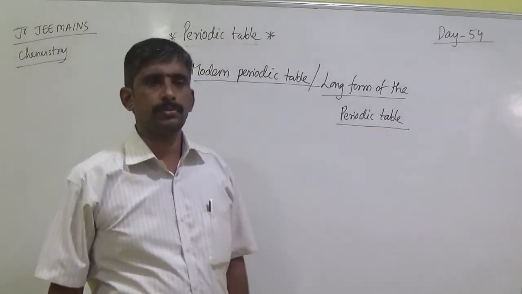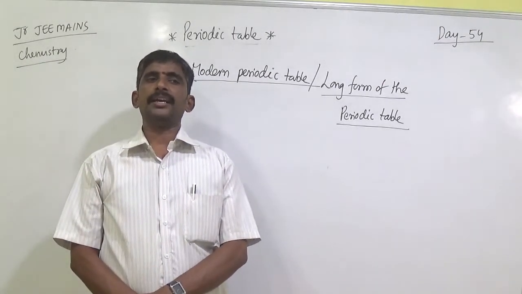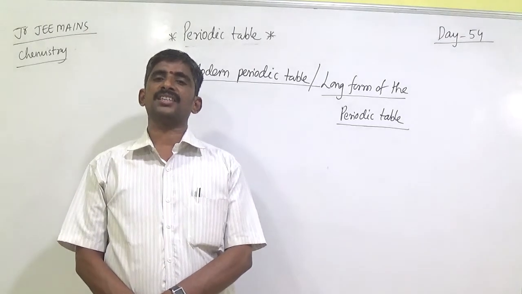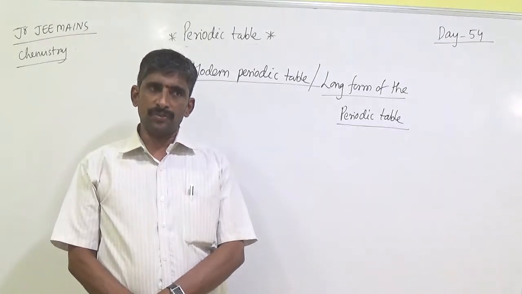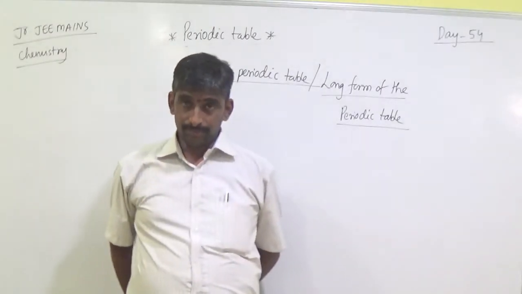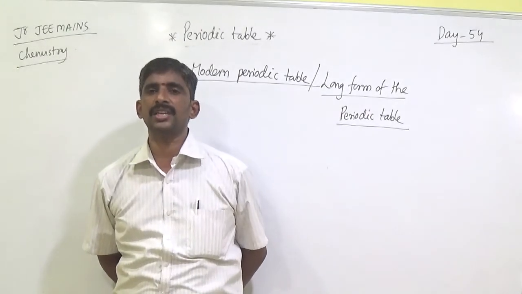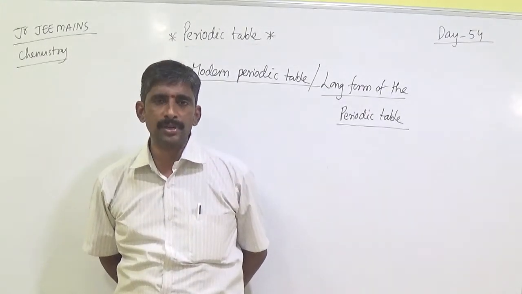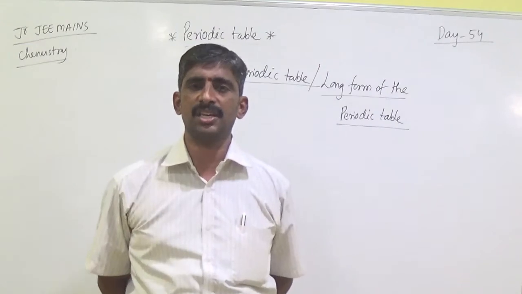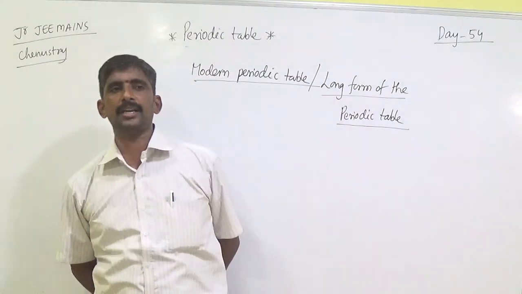So till now we have been following this table. The physical and chemical properties of the elements are a periodic function of their electronic configuration or atomic numbers. This is the modern periodic table, and its name is the long form of the periodic table.